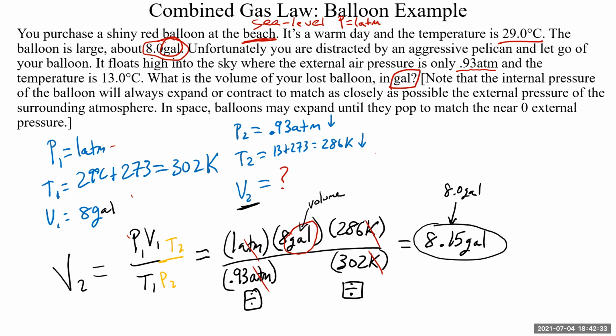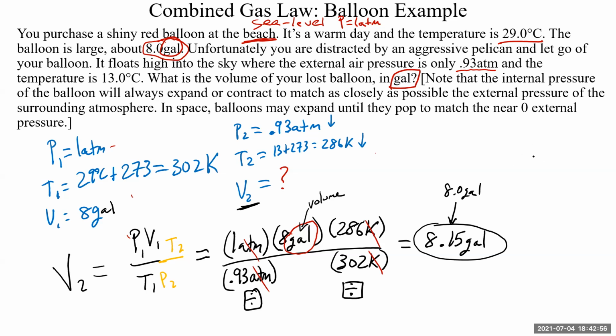What that means is that the loss of pressure outweighed the reduction in temperature. The pressure factor overwhelmed the temperature factor. The reduction in temperature should have shrunk the balloon. But because the pressure also dropped, that caused an expansion of the balloon, and that expansion outweighed.